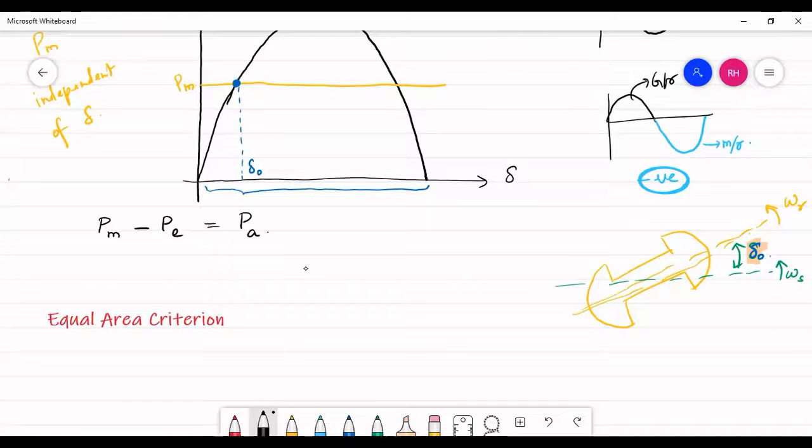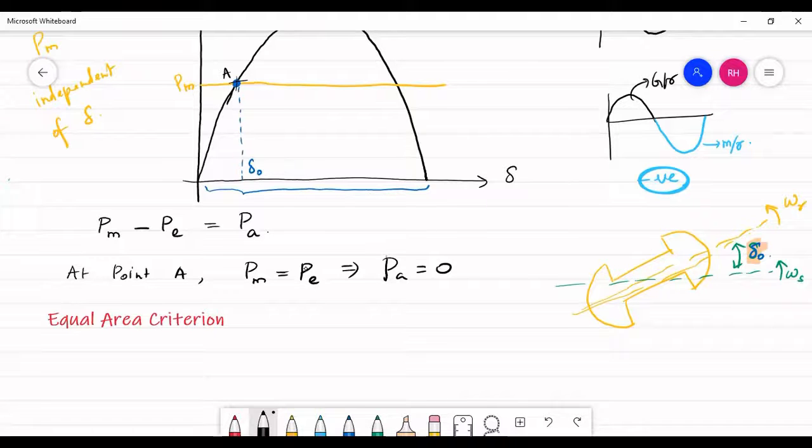Now let us look at this point named A. At point A, Pm is equal to Pe. The yellow line and the black line intersect each other, which means Pm and Pe have the same value, which means Pa is 0.